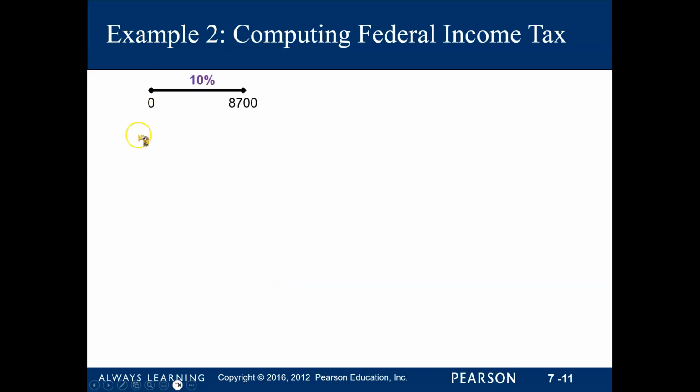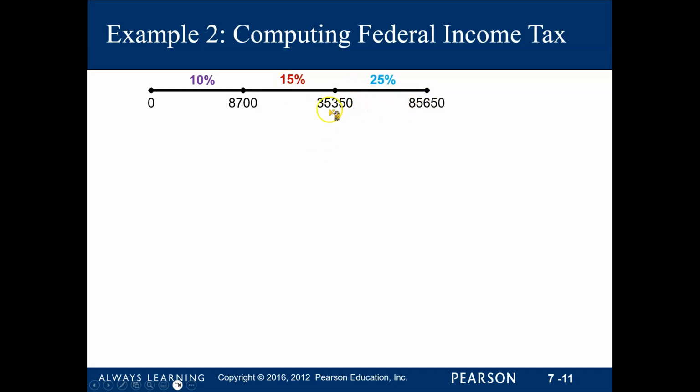To visualize the computation of the income tax, first things first, we create a number line. We represent in the number line the first marker, 8,700. The 10% tax is applicable to that first amount. From 8,700 to 35,350, it is subject to 15% for the income tax.